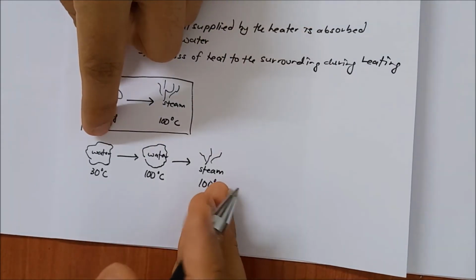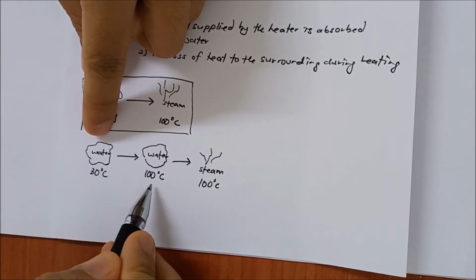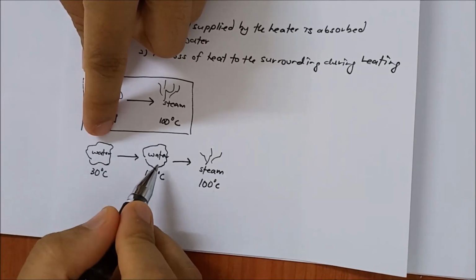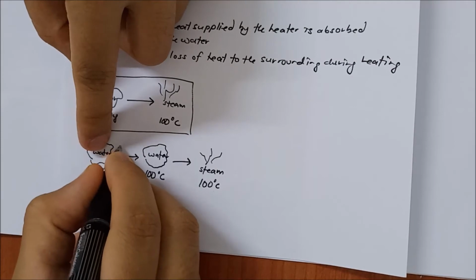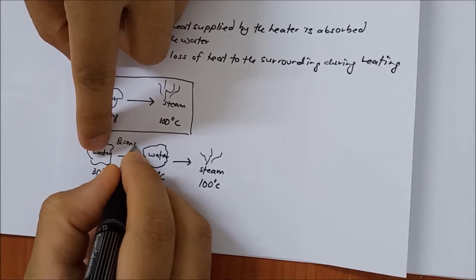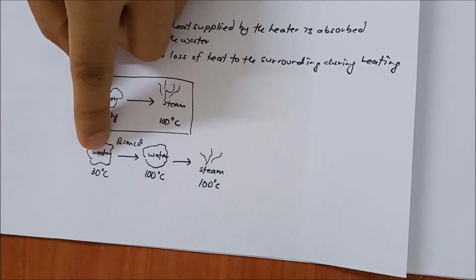Alright, so here we have a change in temperature, but not the physical state of matter. So here we have mc theta. Specific heat capacity is the energy required to change the temperature of 1 kg of substance by 1 degree Celsius.